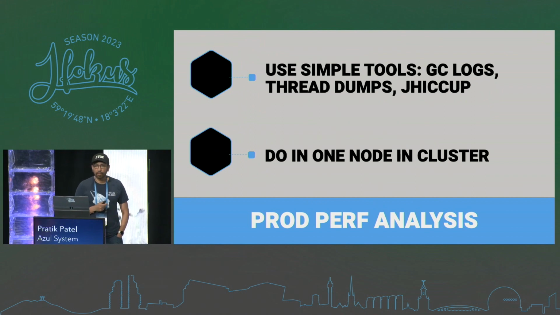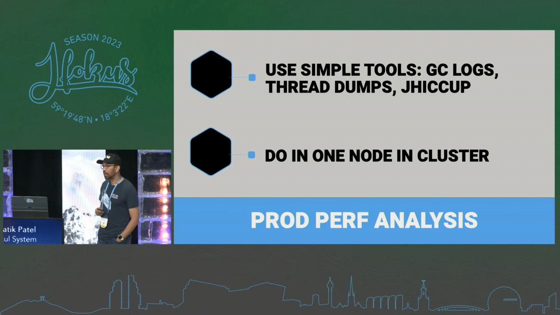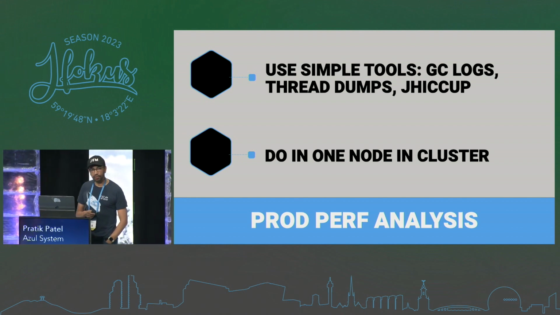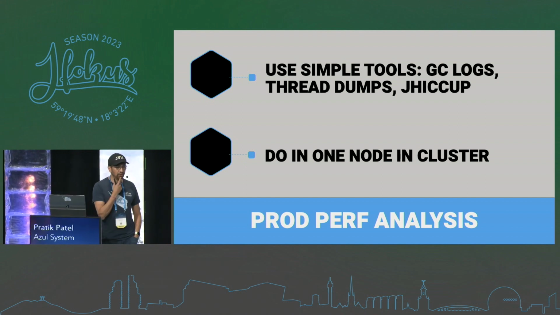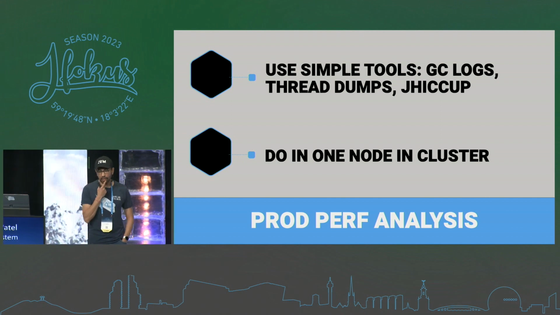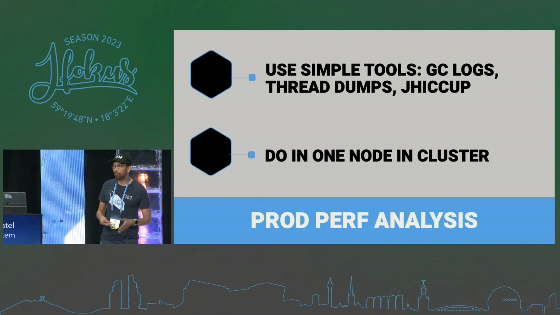So those non-intrusive tools that I was referring to is actually the 3 things here. Just looking at garbage collection logs and taking thread dumps. And then I'm going to show you a tool called JHiccup in a few minutes. But one thing that I've had success doing is when I'm working with a customer, I'll say, you know what, you're running like 20 of these instances of this large Java application in production.